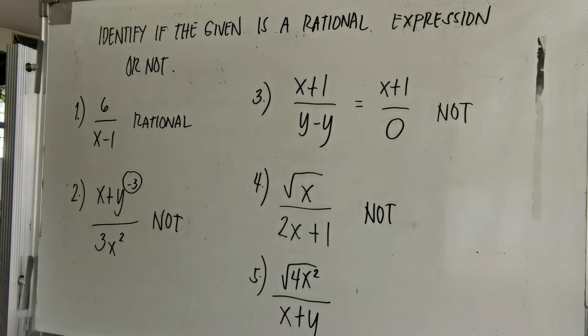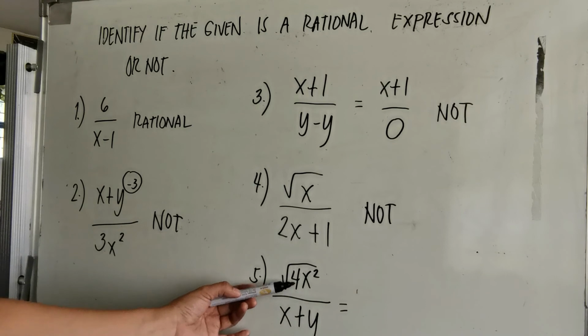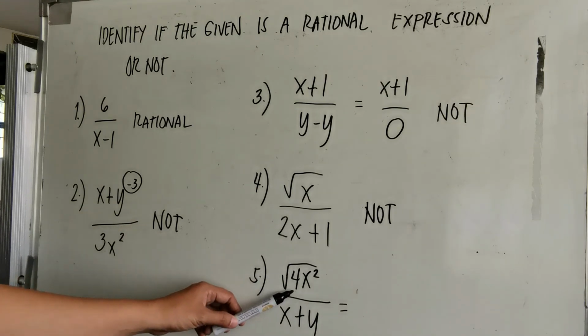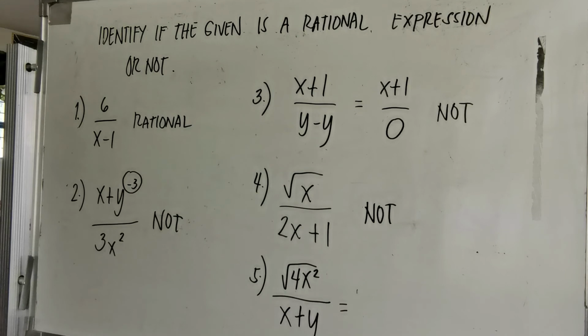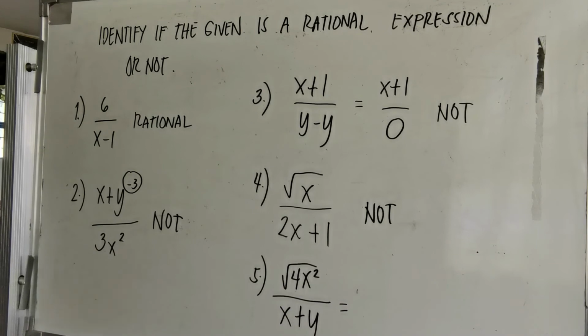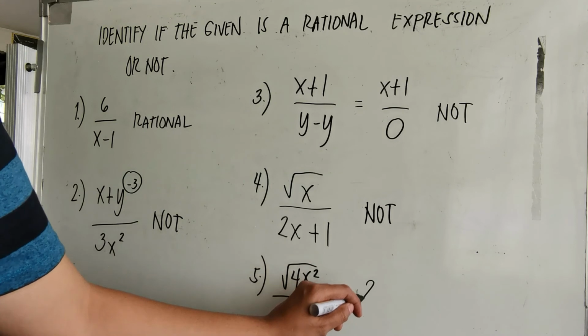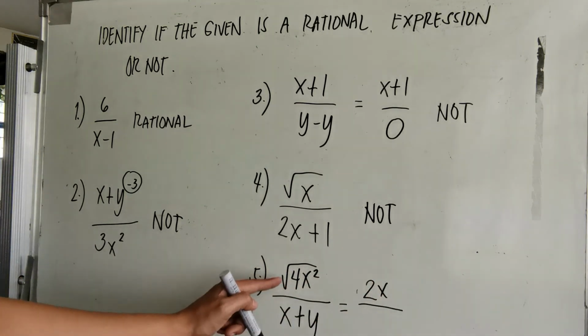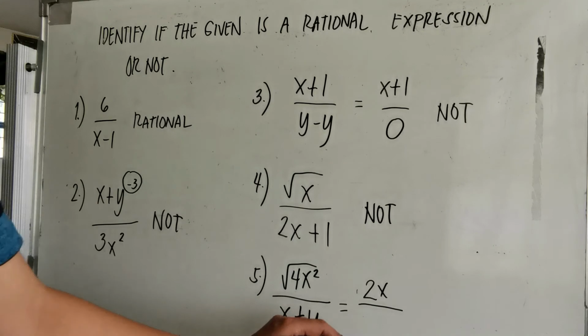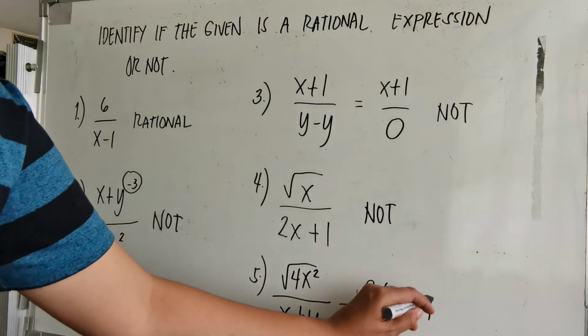So bago natin ilagay kung siya ba ay rational expression o hindi, isimplify muna natin siya kasi numerical coefficient which is 4 and we have x squared, pwede ba natin siyang isimplify at kunin ang kanyang square root. So, ibig sabihin, pwede pa nating sabihin na ang value ng ating numerator ay 2x since ang square root ng 4x squared ay 2x and then this one is x plus y. So, meaning, number 5 is rational.